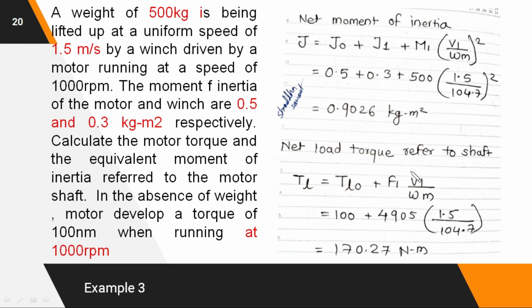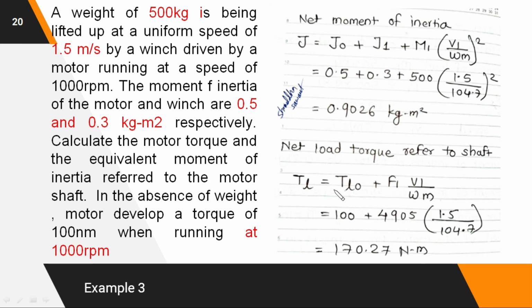Net load torque referred to the shaft. TL is equal to TL0 plus F1 V1 upon omega m. This term is because of the load which is connected at 1.5 meter per second. In the last question, a number of loads were present, so that many terms came.